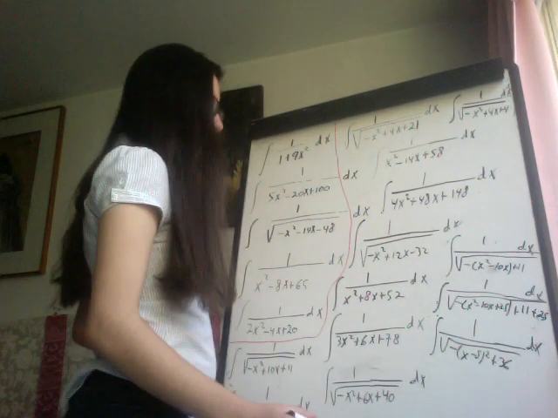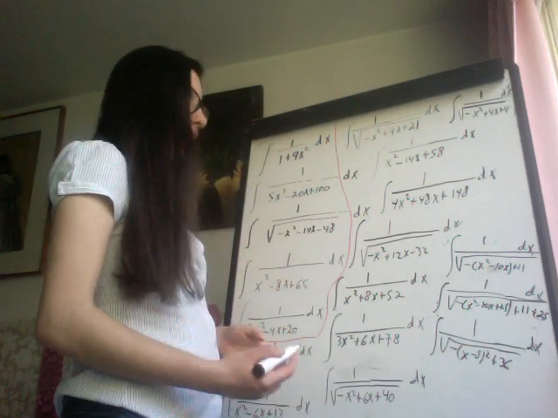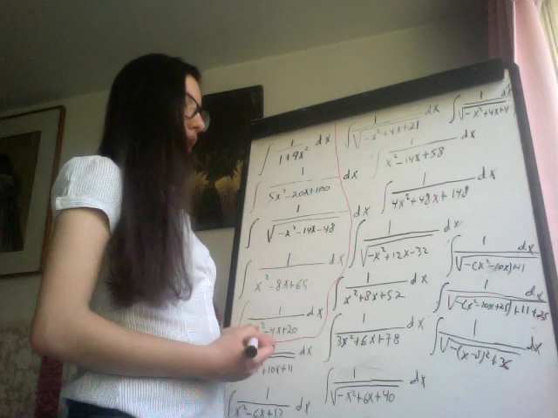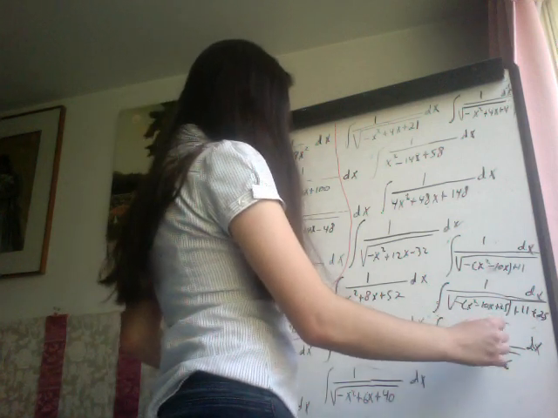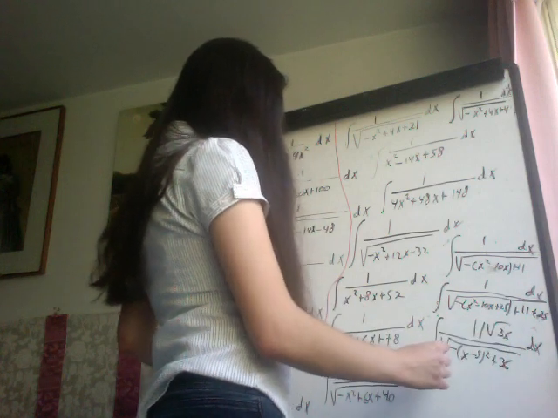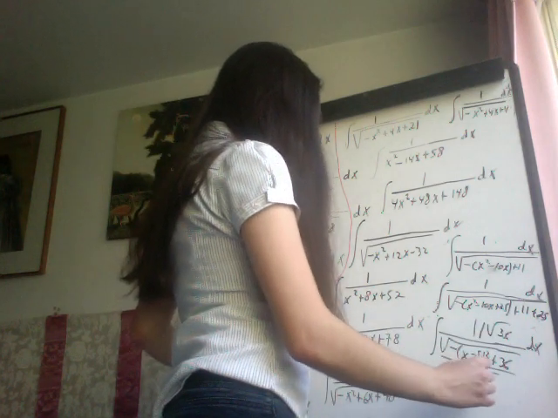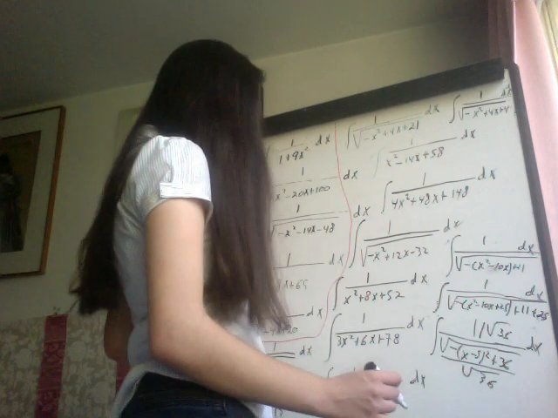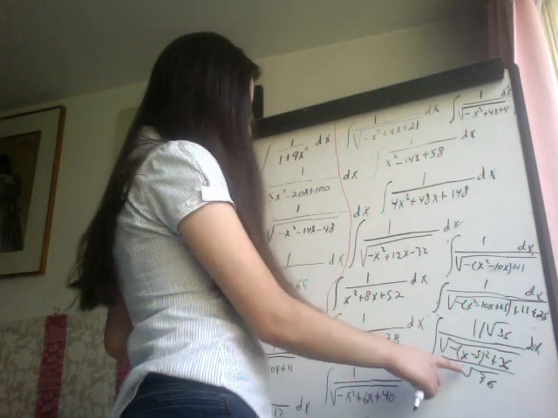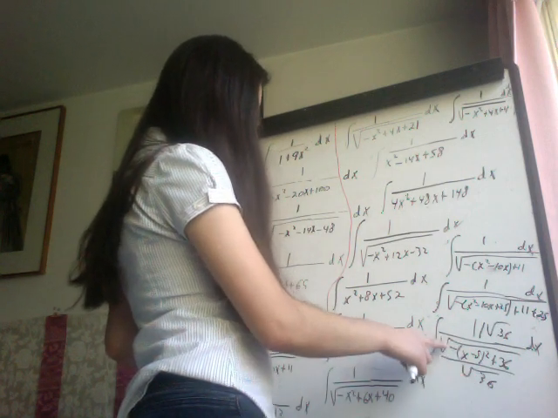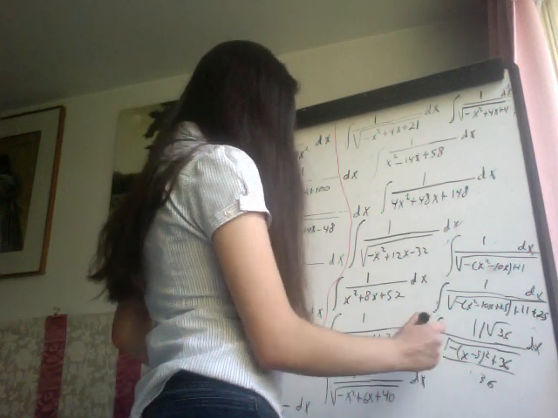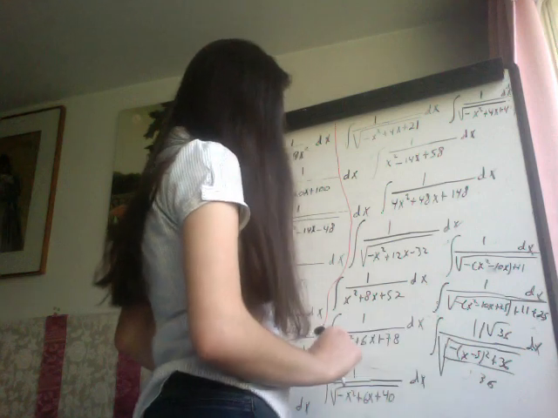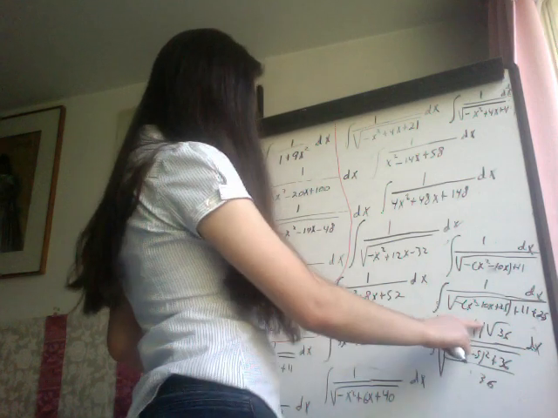Now let me divide everything by the square root of 36. So here it would be divided by the square root of 36, and all this divided by the square root of 36. So I can put the 36 inside the square root, like this. Now let me take this out of the integral.